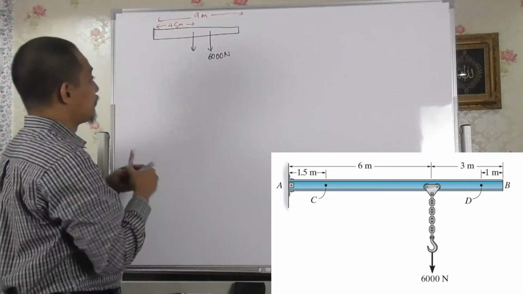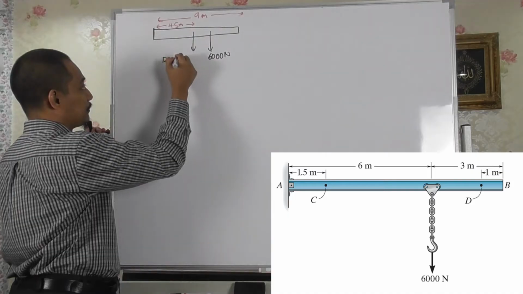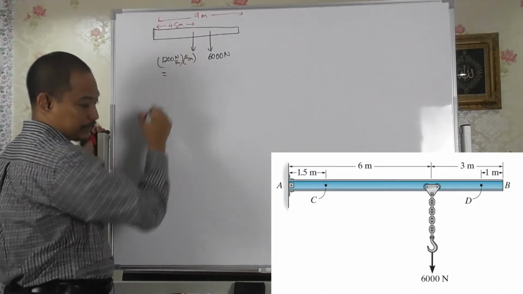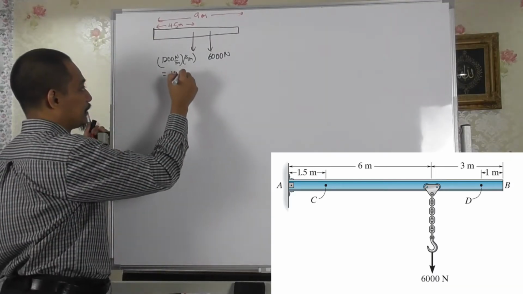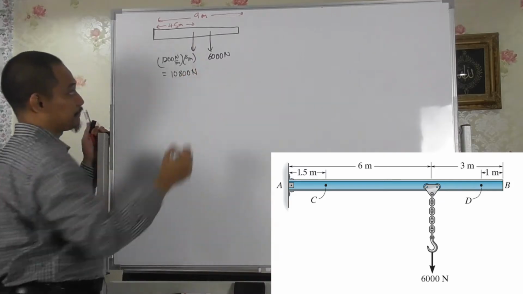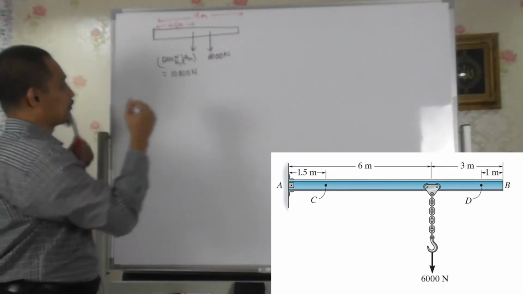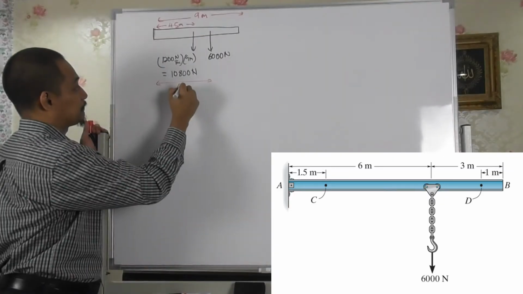Based on the density of 1200 Newton per meter times 9 meter, you get 10,800 Newton. And the distance to 6,000 Newton is 6 meter.